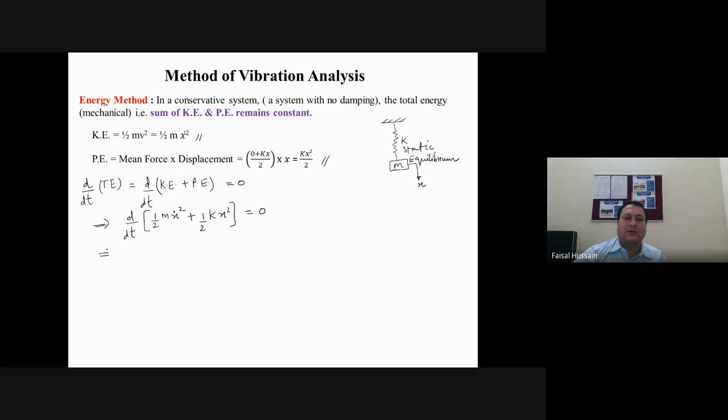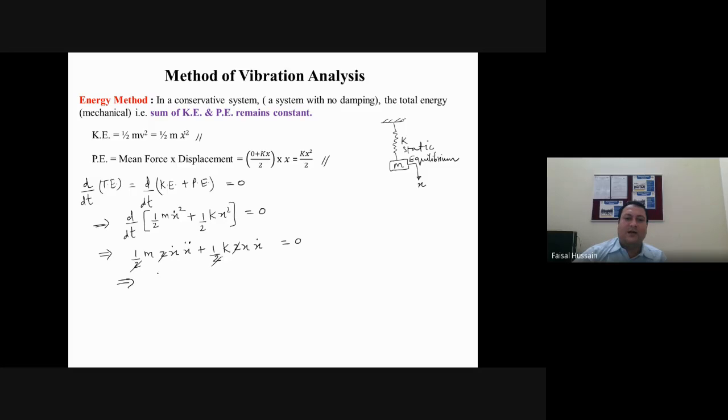Now, here the equation will be 1 by 2 into m into 2 x dot x double dot, plus 1 by 2 k into 2x into x dot, equal to 0. The 2s get cancelled.